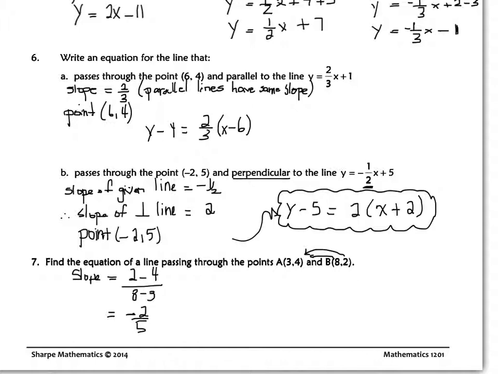And it doesn't state what form of the equation to write it in, so the easiest one to use is just slope-point form, so we can pick either one of those 2 points. So we're going to pick A. So y minus 4 equals, slope would be negative 2/5, outside of x minus the x coordinate of that point, which would be x minus 3.